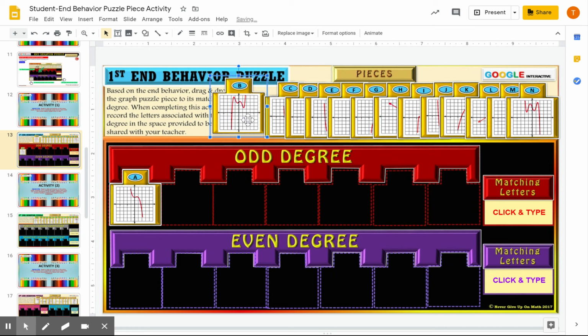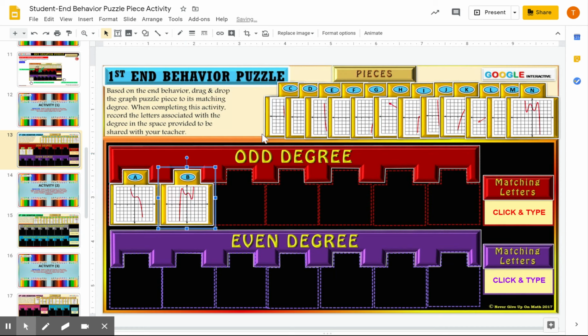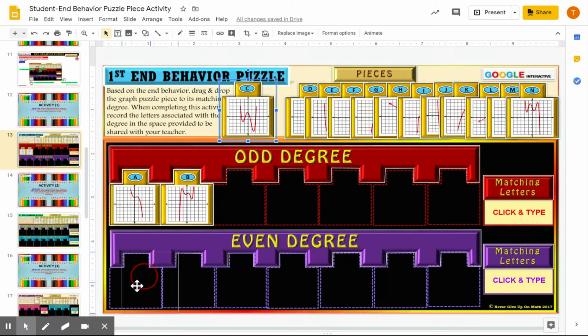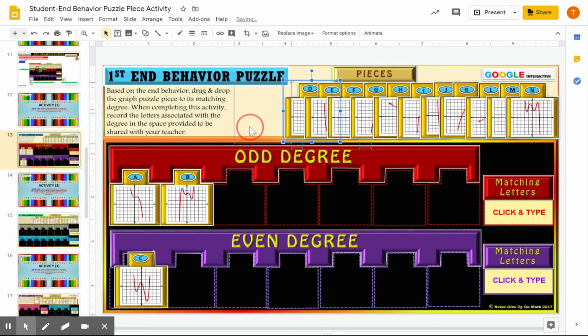Let's look at B. Opposite directions. How do I know? Because they're pointing different ways. Okay. C, the same direction. They are both pointed up. The end behavior is both pointed up. So I'm going to go C. And then D, it's a parabola.